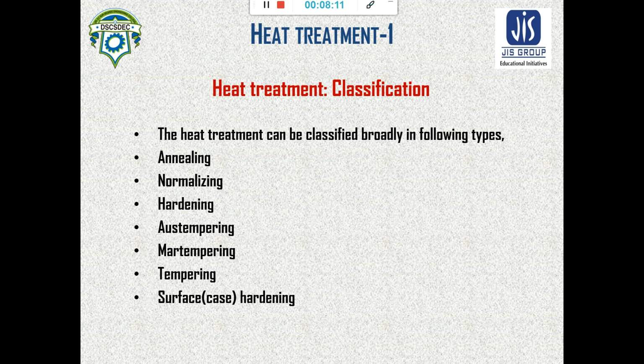Now there are various types of heat treatment on the basis of the cooling rate, that is, how the cooling is done. The classifications are annealing, normalizing, hardening, austempering, martempering, tempering, surface or case hardening. So these are the basic types of heat treatment process. We will see them one by one.